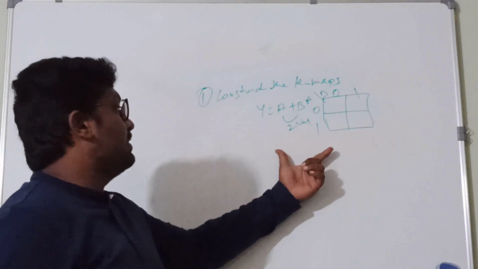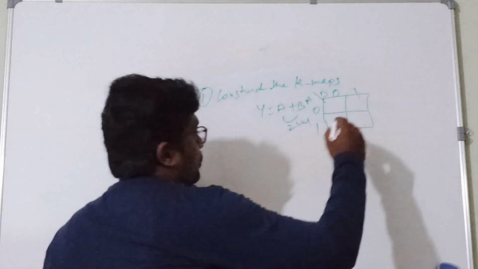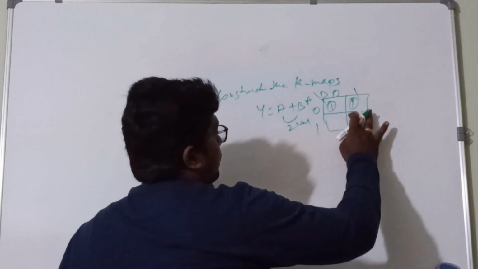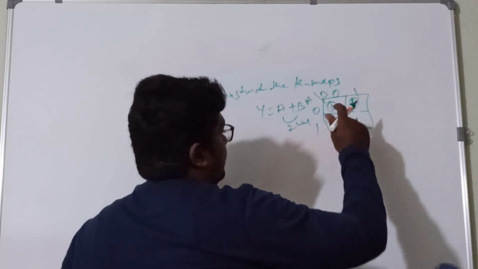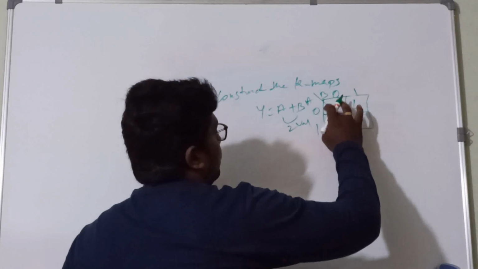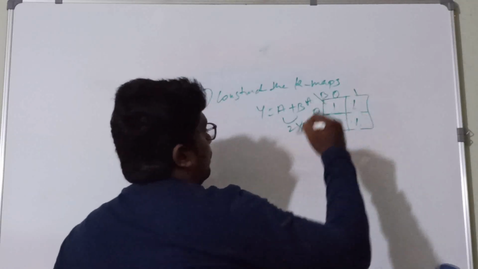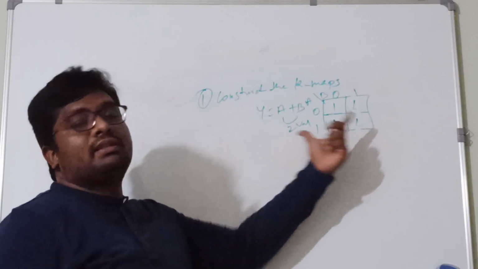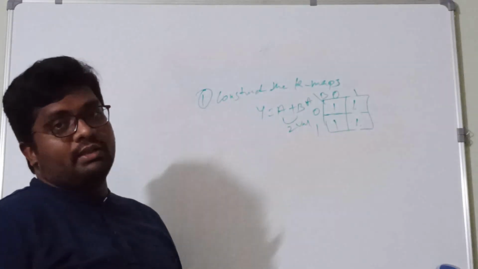So this is the first step, and next we need to place ones in the squares where it is required.